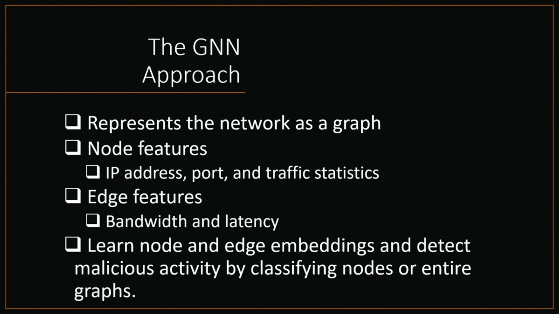So now let's talk about the GNN approach and how we can represent a network as a graph and detect DDoS based on that. First, how can we represent it as a graph? A node could be an IP address, a port, anything, traffic statistics, and an edge could be made between those nodes.